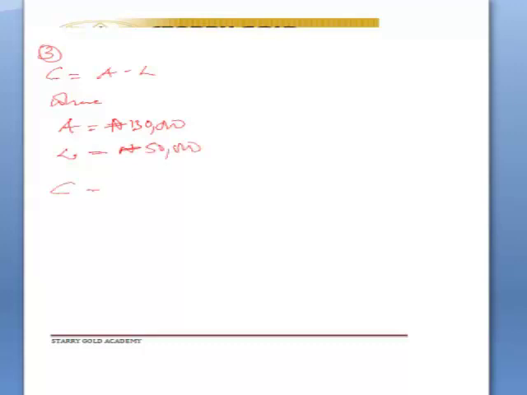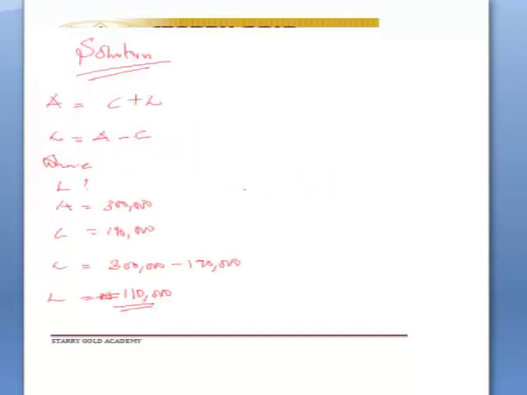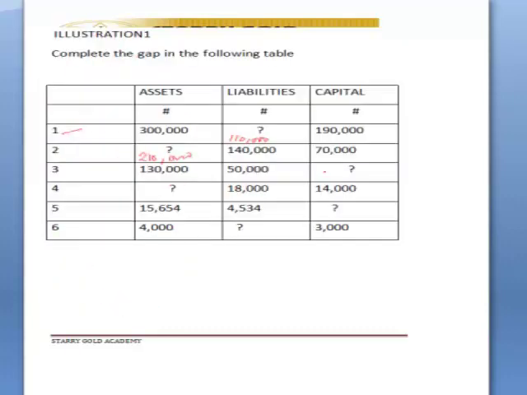So C will now be equal to 130 minus 50, and C therefore will be what? 80,000. So question 3, C is 80,000.